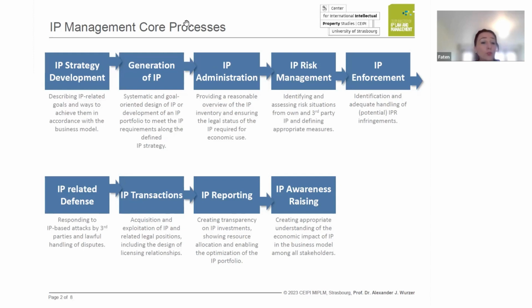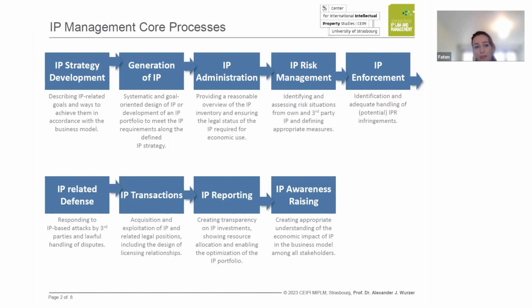As you see, we have 9 kinds of processes. The first one: we will start all the time by developing the IP strategy in order to protect and monetize the IP portfolio of the company, in order to assure a competitive advantage and maximize supernormal profits.